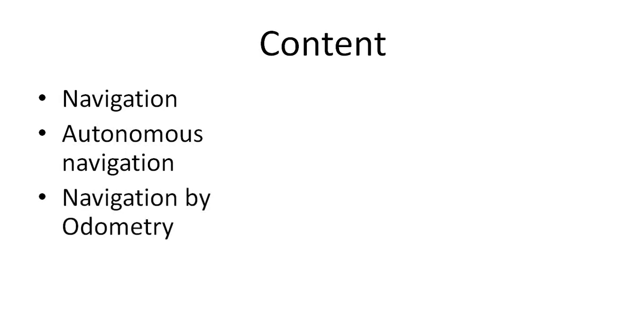In today's lecture, we shall first define navigation. After that, we shall talk about autonomous navigation of mobile robots. Then we shall discuss navigation by odometry. We shall see what odometry is, and how we can calculate the distance traveled by the robot.